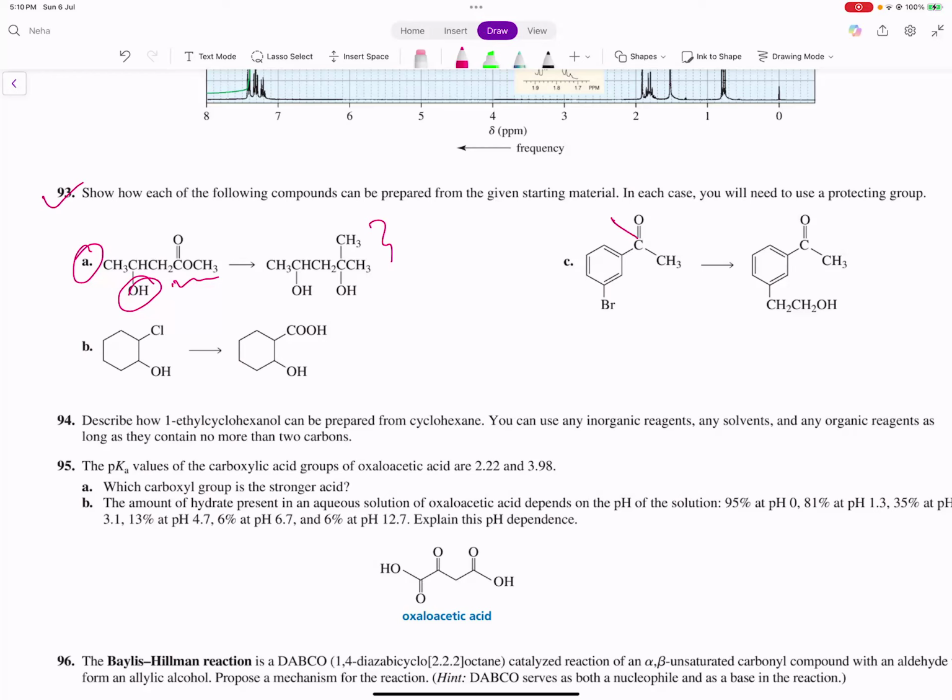See, first we protect it like this, with a diol. Then we make this. Then we open this. Got it? Yes, I got it from here.